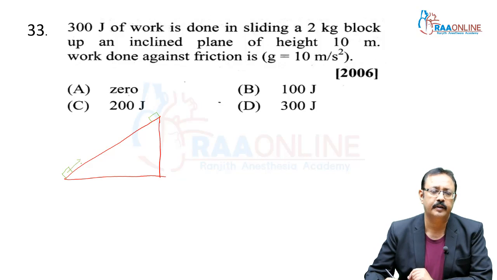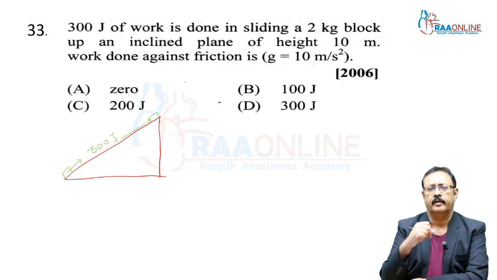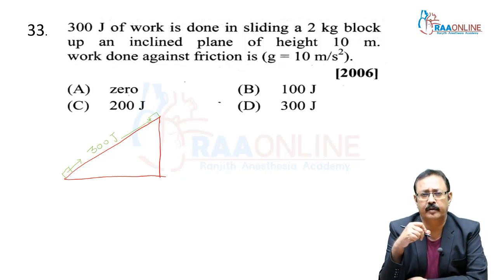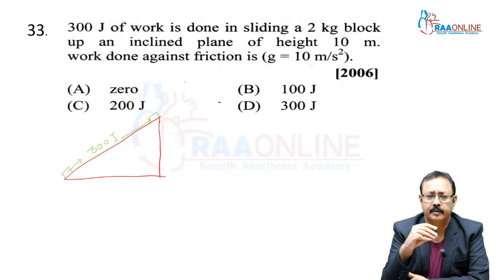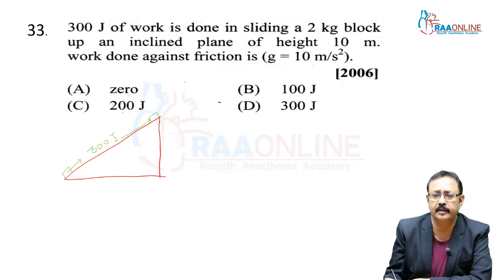Where has your work gone? You spent 300 joule of energy. It should be stored in that box. But the box got a height of 10 meter. We want to calculate the change in its potential energy. What potential energy did it get? mgh.